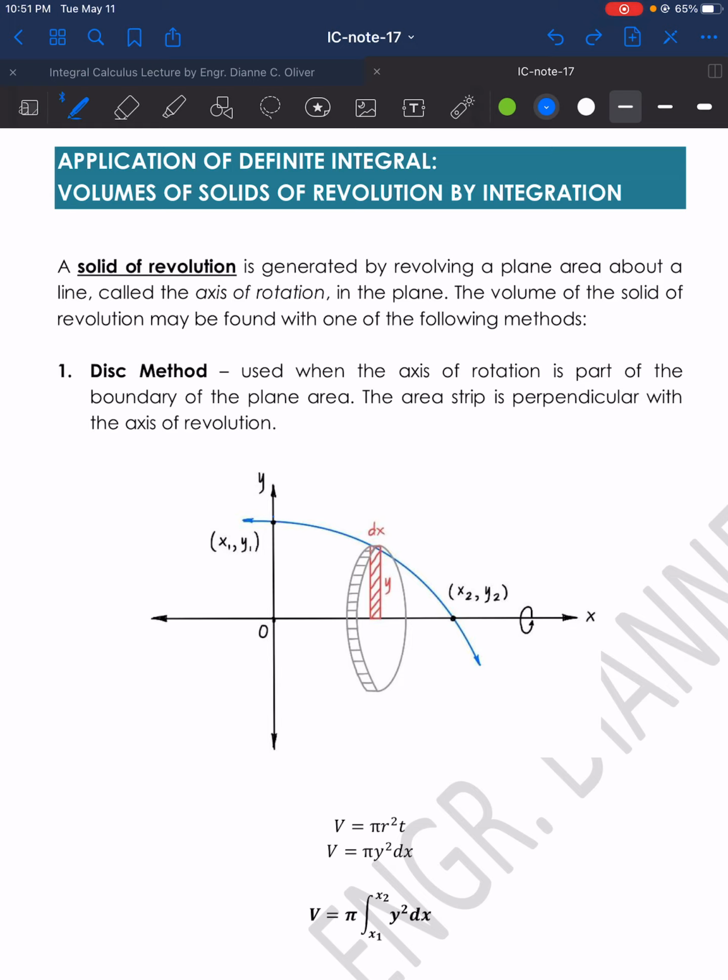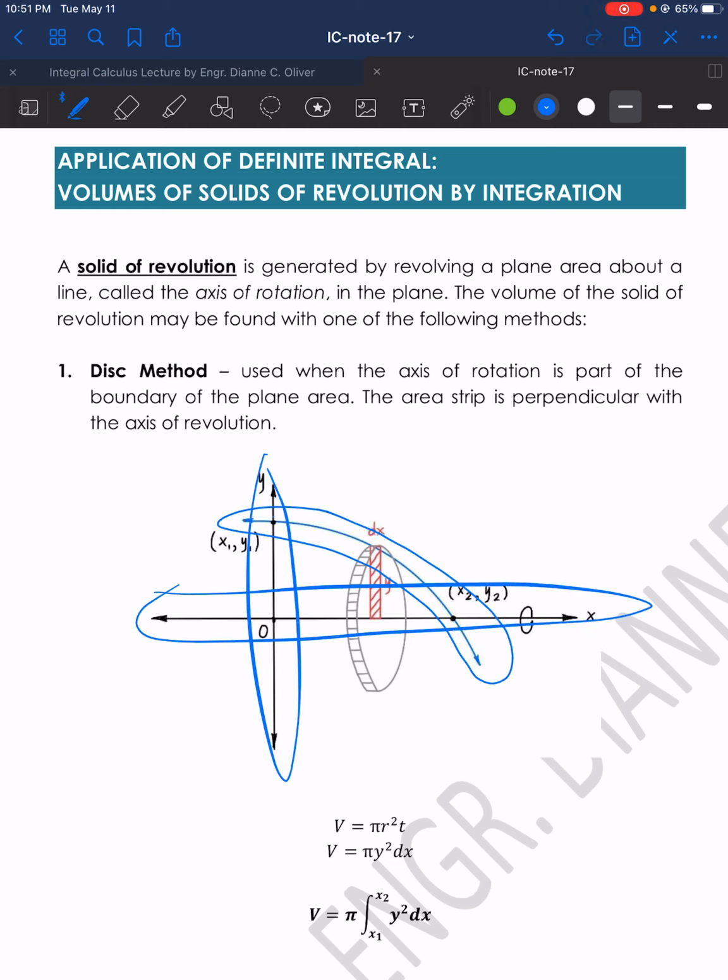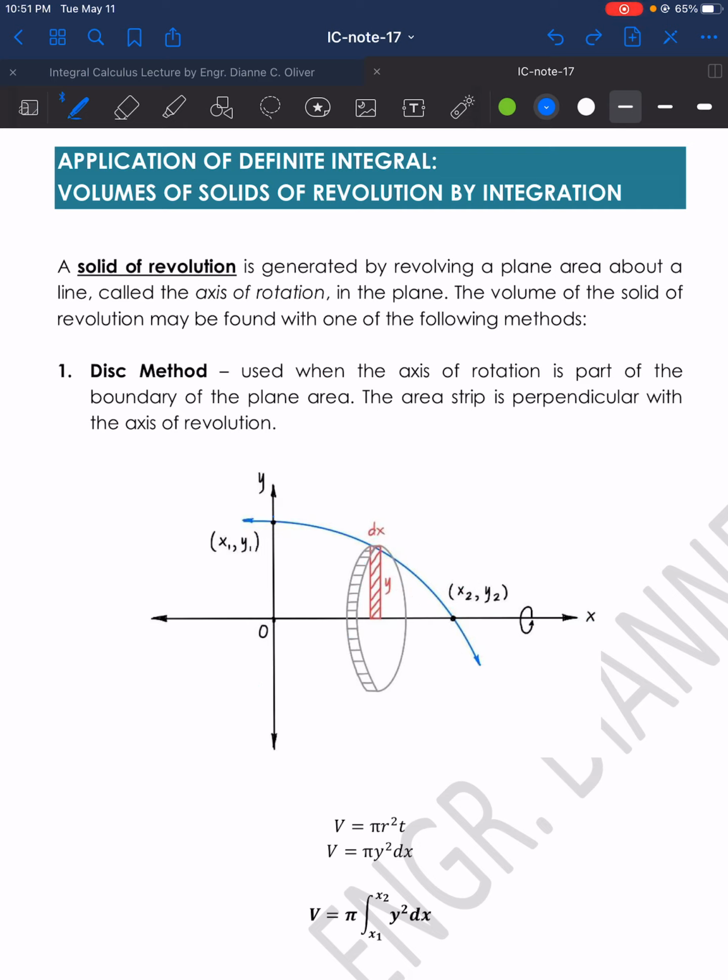The disk method is used when the axis of rotation is part of the boundary of the plane area. So let's consider this figure. We have here the boundaries of the curve, the y-axis and the x-axis. Now, using all three boundaries, we will have the area of this shaded portion.